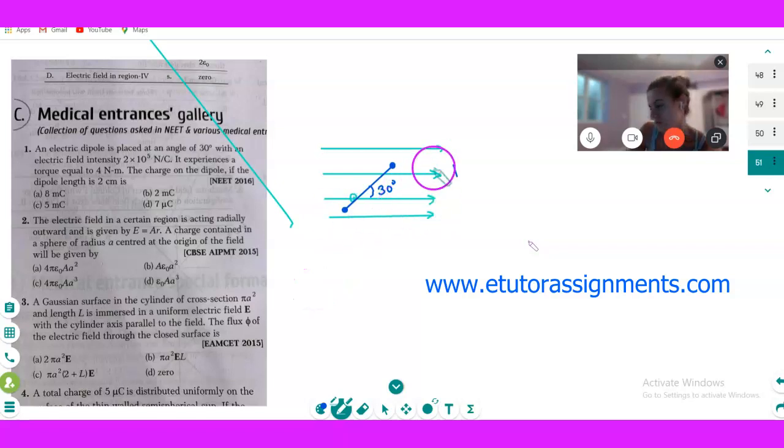And for the dipole, one is a positive charge and one is negative. Mark it plus Q. You need to find the charge on the dipole.